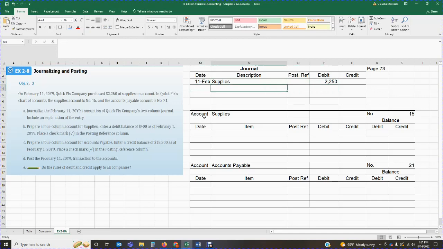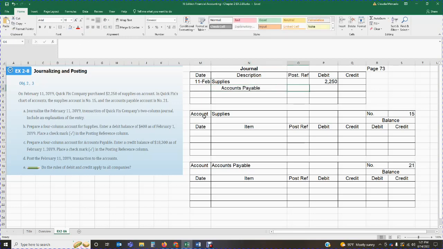Now, how did I pay for my supplies? It says on account. Whenever you buy something on account, that means that you owe money. If you owe money, that means it's a liability. The normal balance of liability accounts is a credit. So make sure that you refer to your normal balances of your accounts. The account that we have is accounts payable. We owe money.